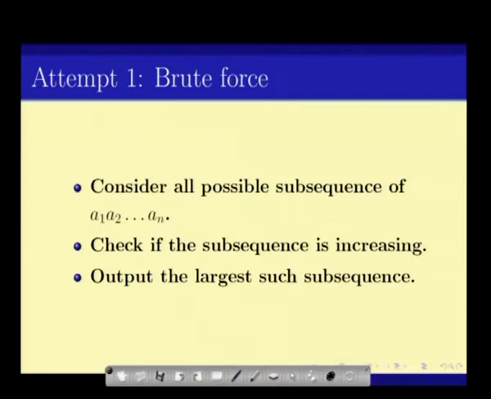At the end we output the longest of such subsequences. Clearly this will be the right output, because we would exhaustively search through all the subsequences and output the longest one which is increasing also. So, this approach is clearly an algorithm that will find it.